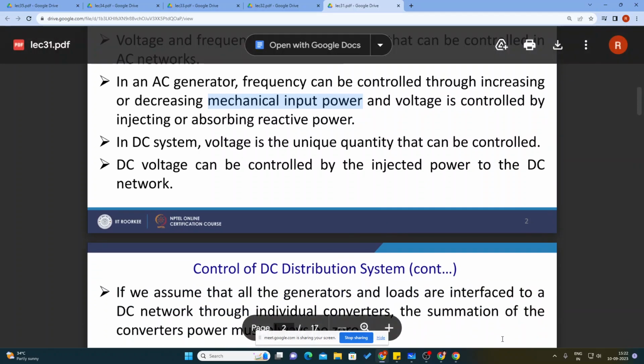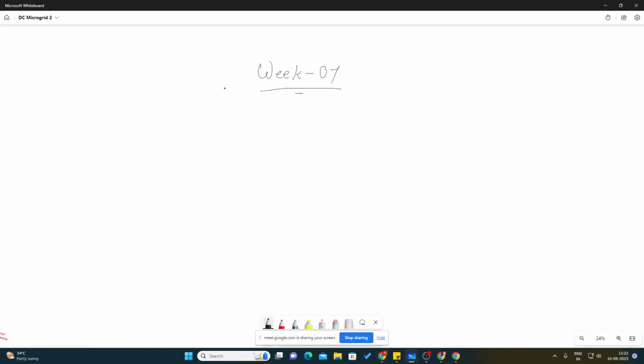So in power systems, we have learned in UG that P depends on frequency, and Q is mostly dependent on voltage, right? So this we have learned in power systems, and that is only being repeated in the lecture.